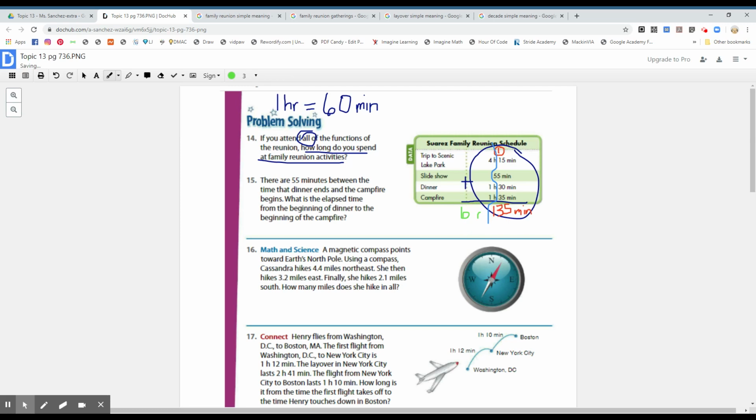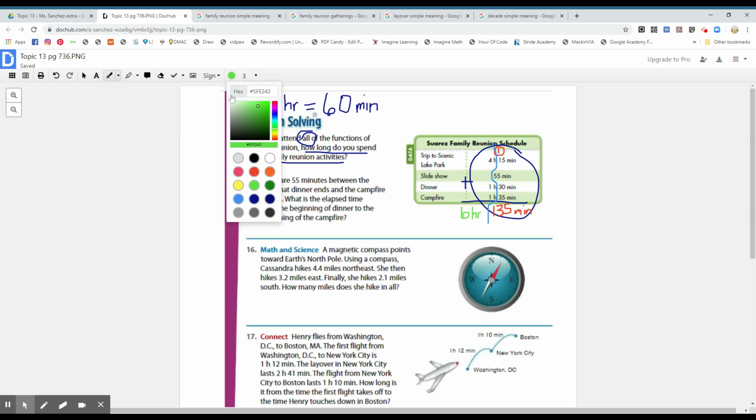Okay, here's the thing, boys and girls. I am not going to help you convert. That's your job. Remember, boys and girls, every time you have 60 minutes, you're supposed to change it to an hour. So I'm going to help you with the first one.